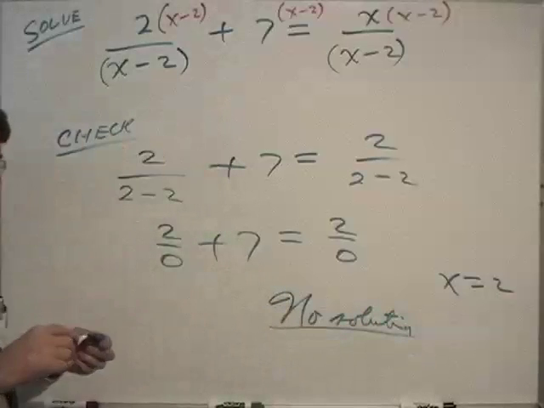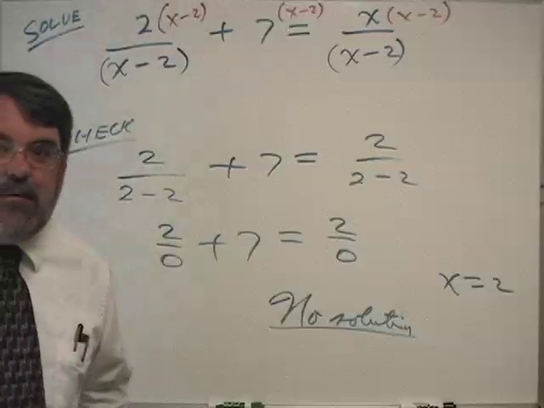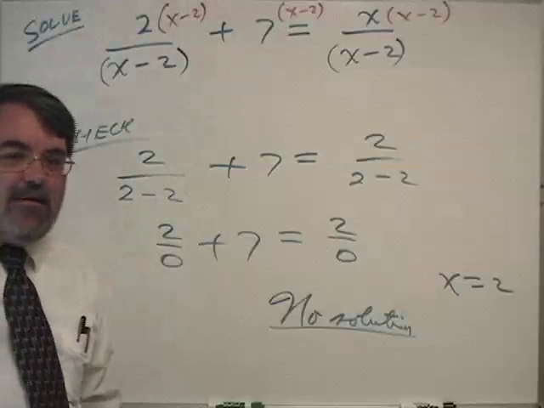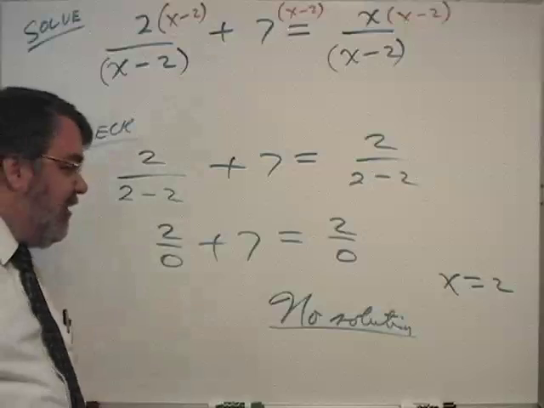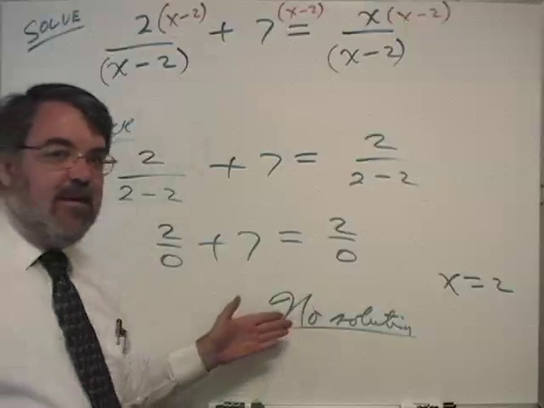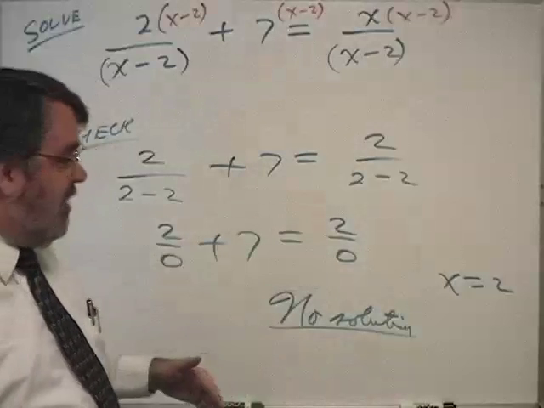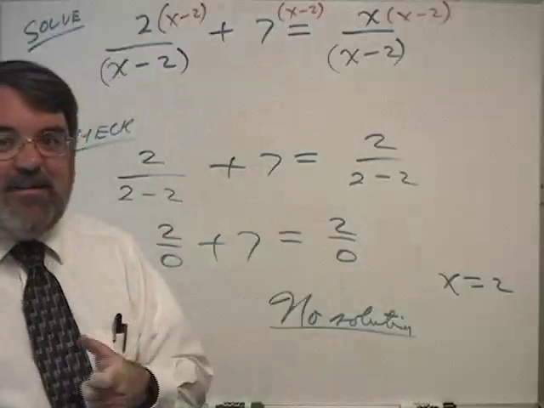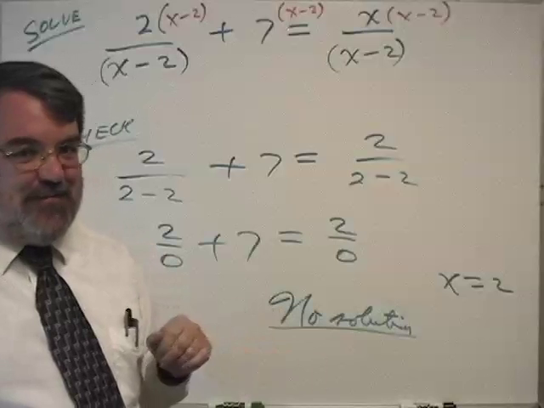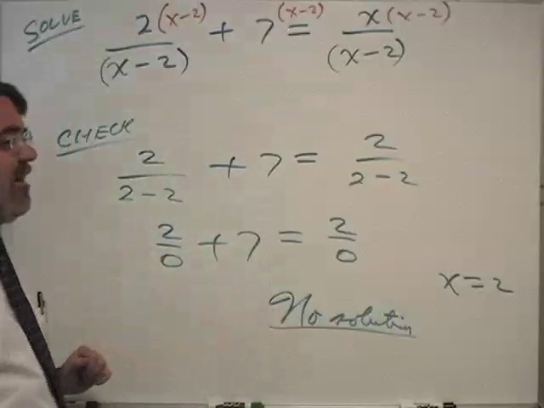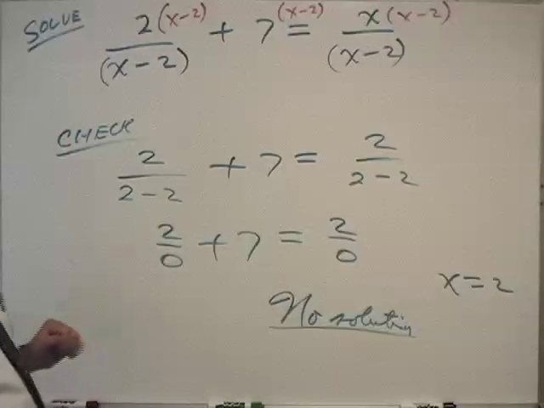Okay, so now if I hand you a problem and you write no solution, then I'm going to ask you, where does it work? Because if you're going to conclude no solution, I want to see that you've justified it. I want to see the steps that lead you to that. And I want to see division by 0 if there's no solution. So that's important. Notice the difference here.